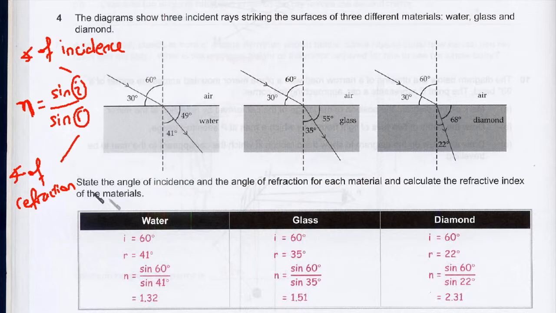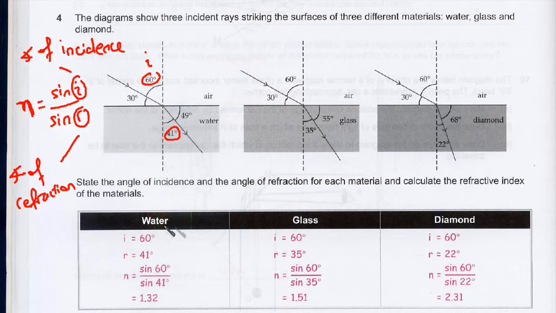Over here, in the table, under water, the angle of incidence is 60. How about the angle of refraction? The angle of refraction is 41 degrees, which can be found over here between the normal and the refracted ray. So it's 60 and 41.